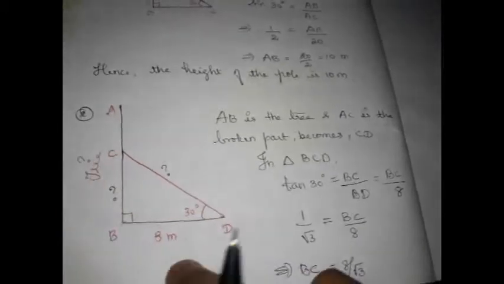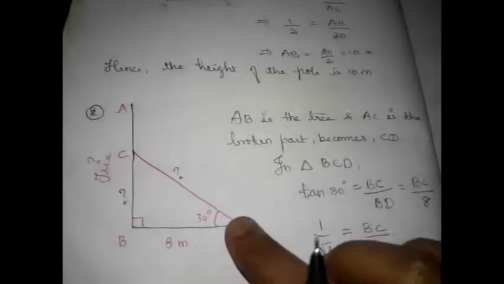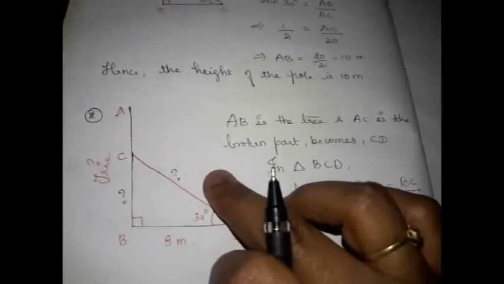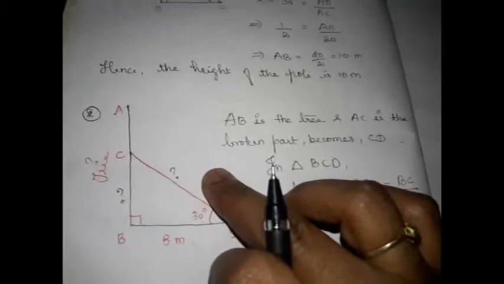So you can go with either the sine ratio or the cosine ratio to find your hypotenuse. So I am going to choose my cosine ratio. So cos 30 is going to be adjacent divided by hypotenuse. So what is cos 30? Cos 30 is root 3 by 2. Okay.